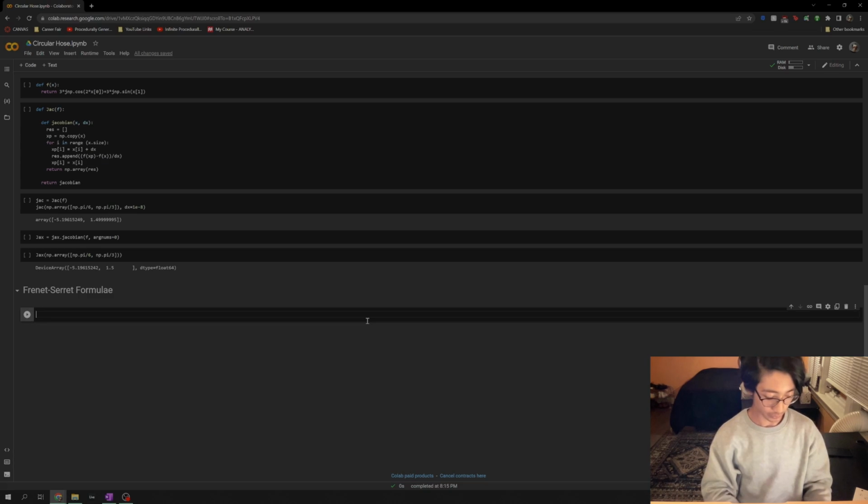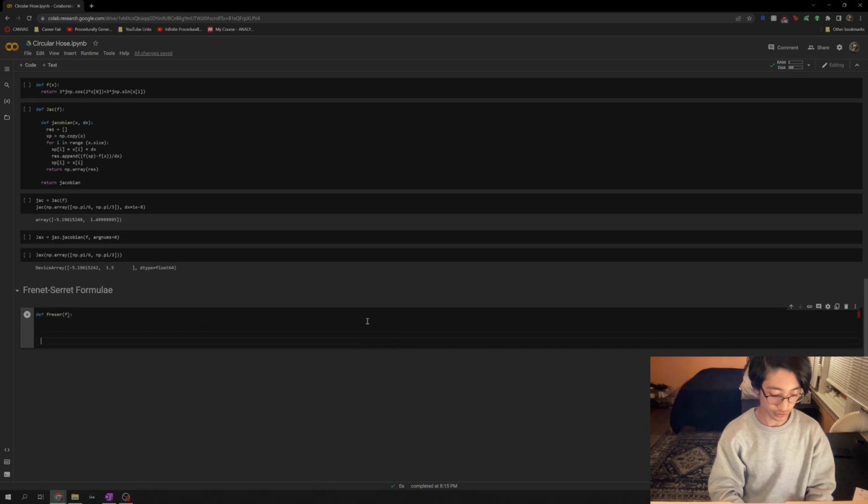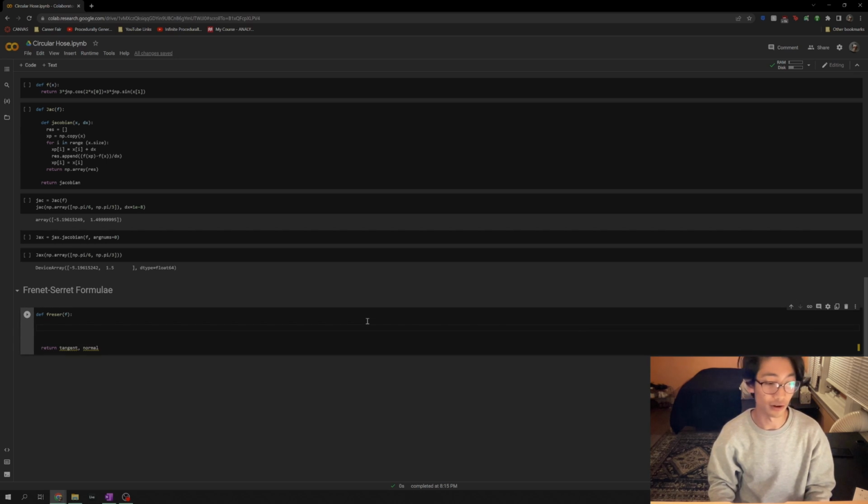So let's write a function that would give us both the tangent and the normal vectors at the same time. Let's define the function as frenet_serret, and this will take any function as an input, and it will return to us the tangent as well as the normal vectors. So first of all, in order to calculate our tangent, we know that we need the Jacobian of our main function.